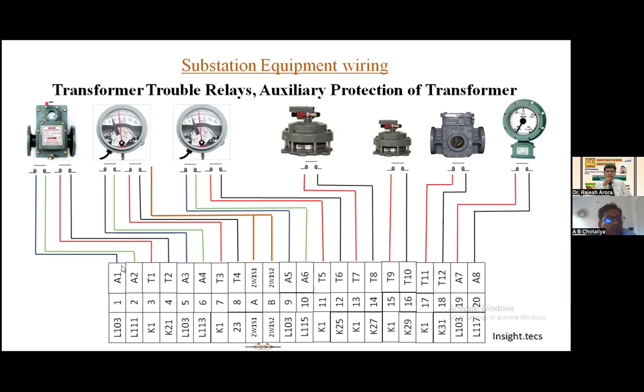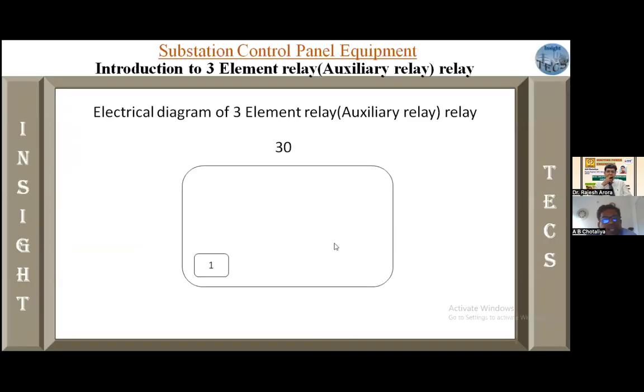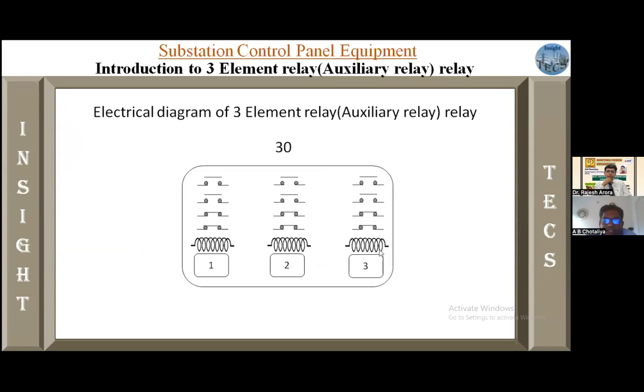Okay. How do our auxiliary protection relays work? Let's see. The three element relay is just like the 86 relay, one operating coil and some contacts, maybe NO or NC. And now we connect our Buchholz relay to this coil.